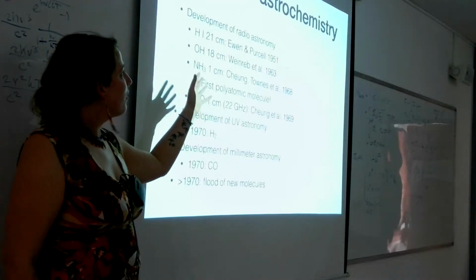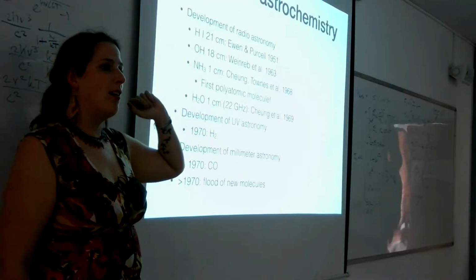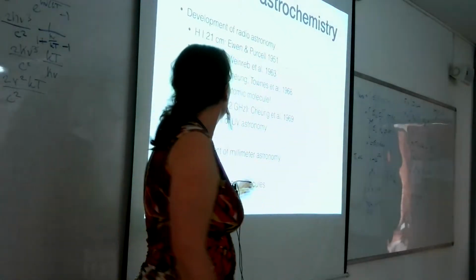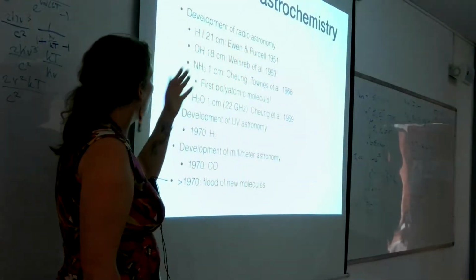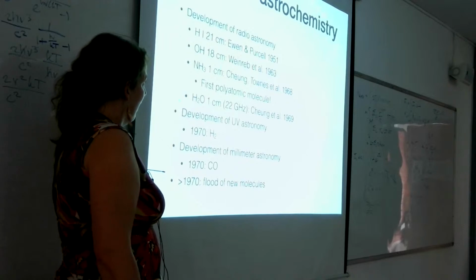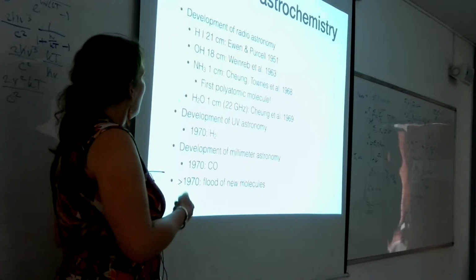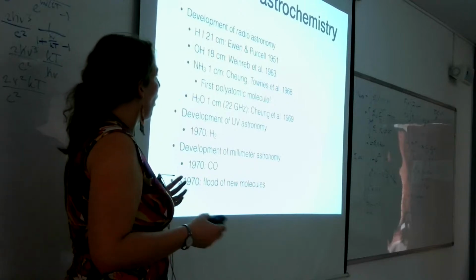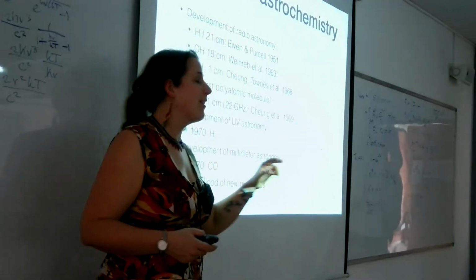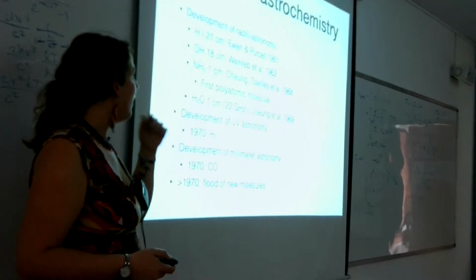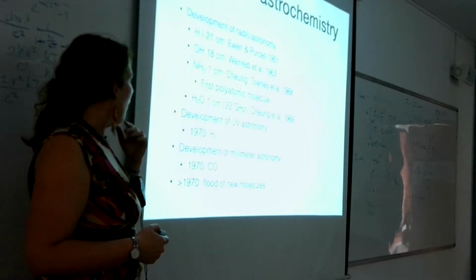Then with the development of radio astronomy, another group of elements and molecules became available at centimeter wavelengths, like H1, OH, NH3. NH3 was the first molecule that consisted of more than 2 atoms, and then water, in the 60s.